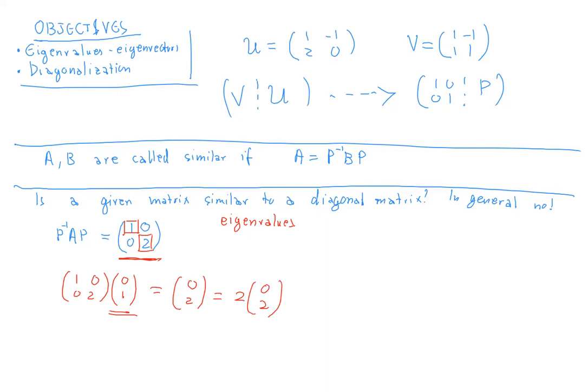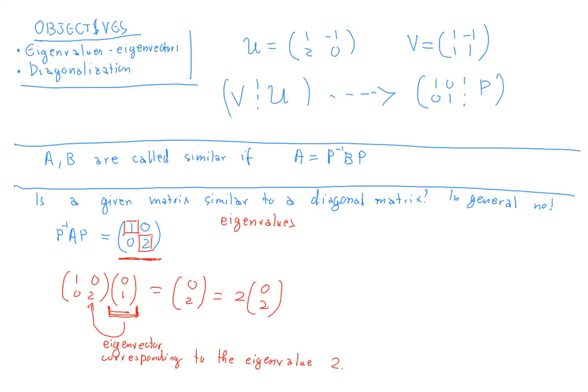So for this reason, this particular vector is going to be called an eigenvector corresponding to the eigenvalue two.